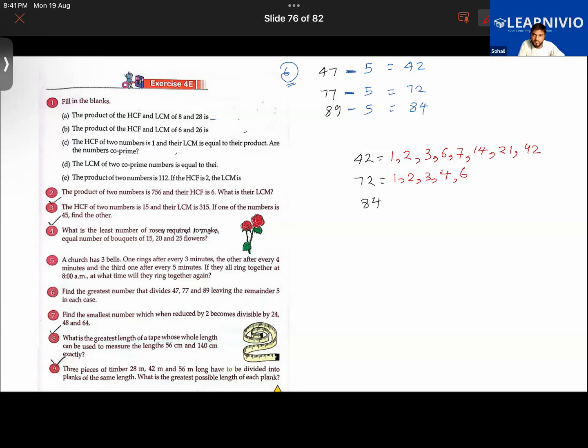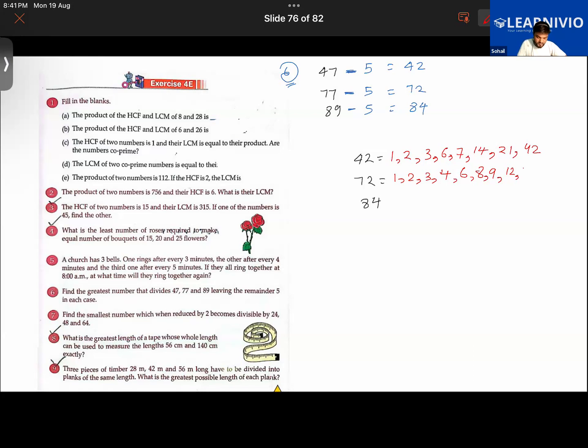Then after this, the next number would be 8, and then 9, and 12. Wait, think about this.